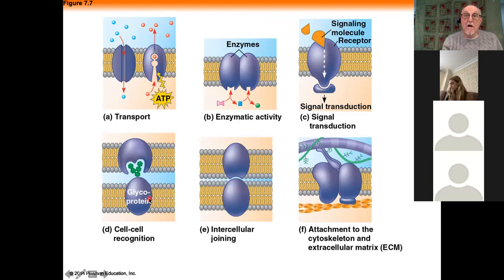Proteins also are used for recognition. They label the outside of the cell, usually for other cells to be able to interact with them. They may also act as anchors. They join cells together one-to-one, but they also join the proteins to the cytoskeletal elements.